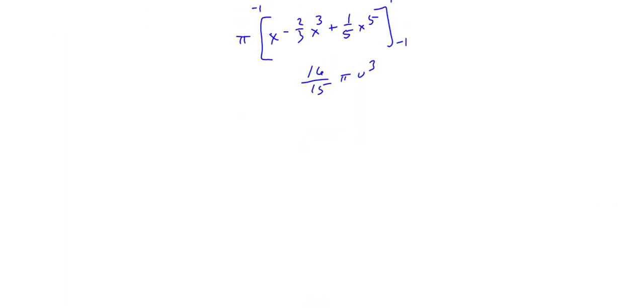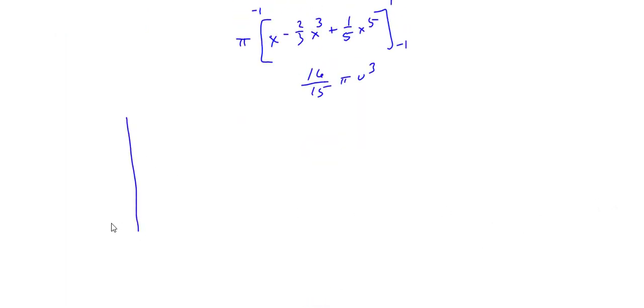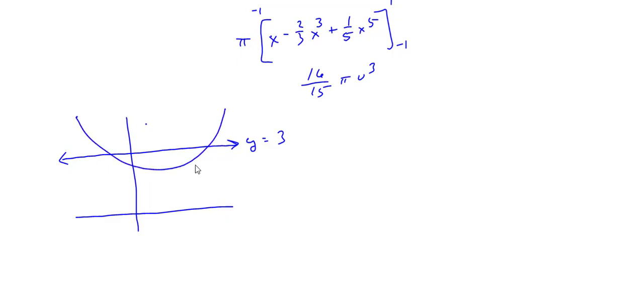Well, Mr. Bonney, what if, I know I'm going to give you guys some of these, what if the axis of revolution is right here, let's say at y equals 3, but the function is right here. Now what?